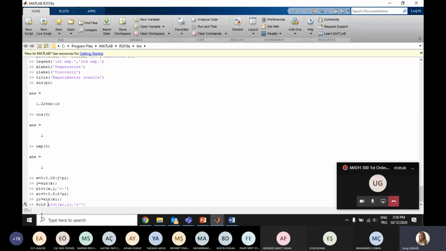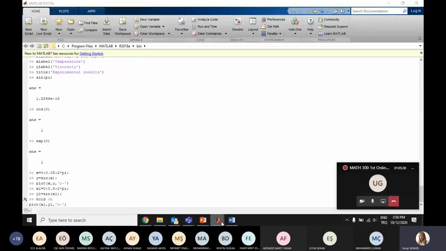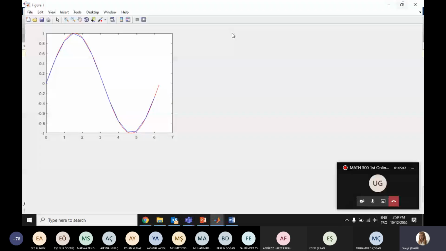Let's say hold on. If you say hold on, whatever you plot will be plotted over the same window. If you don't say hold on, this window is going to be deleted and the new plot is going to come. Okay, that's why I am putting the hold on here, and let me put in a blue line there, so that I can see both of these figures.